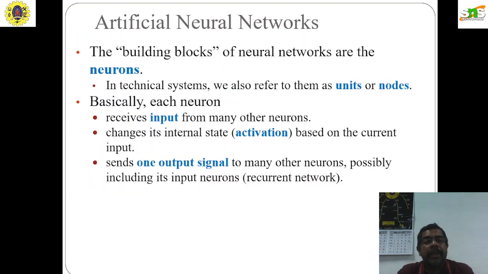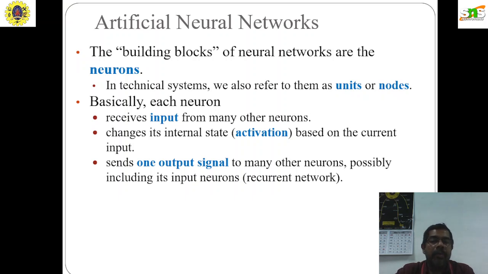The building blocks of neural networks are the neurons, which technically are referred to as units or nodes. Basically, each neuron receives input from many other neurons, and changes its internal state by activation based on the current input.